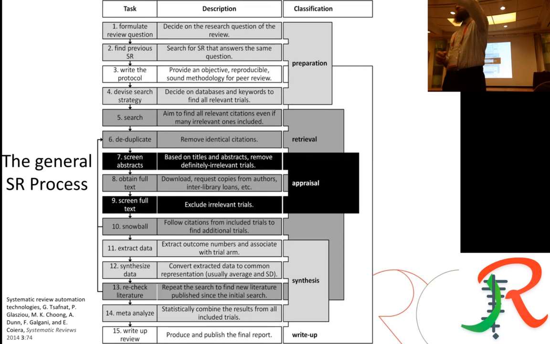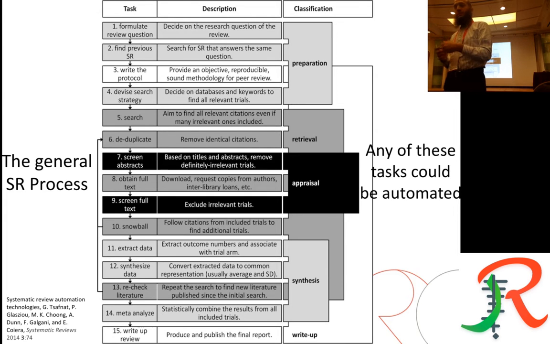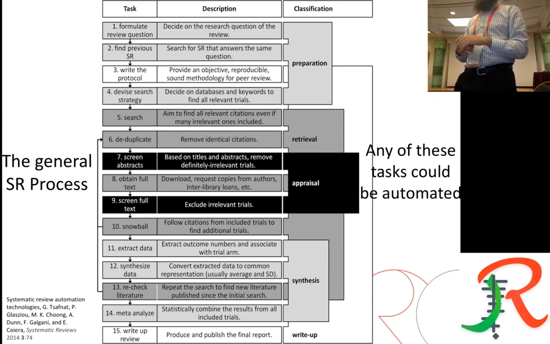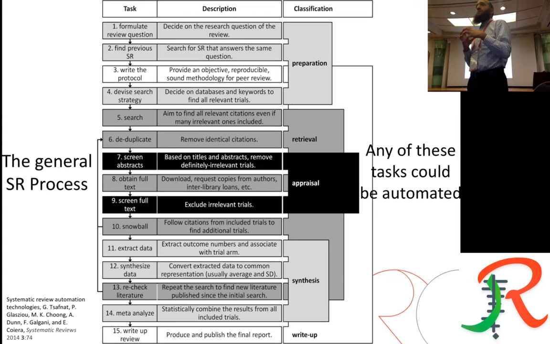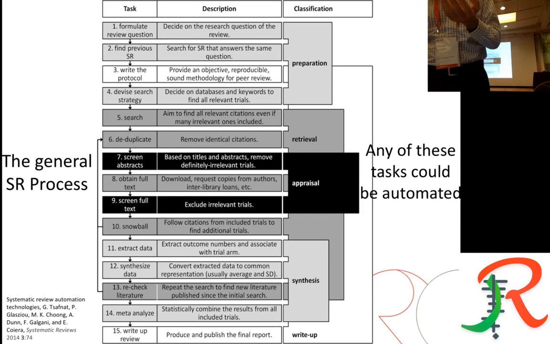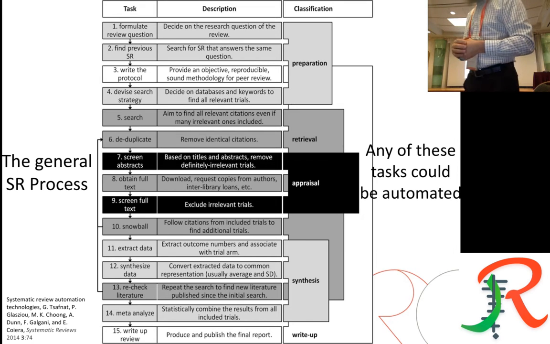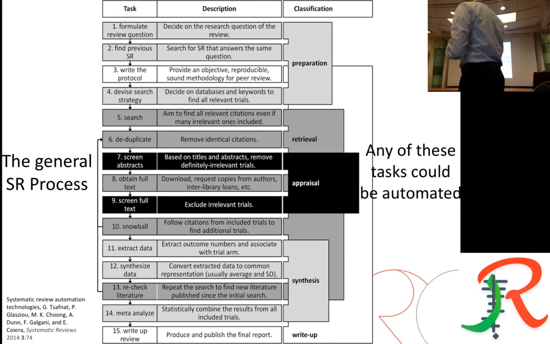They defined multiple steps, and they did a very nice job going through each step in the systematic review and seeing what we can do in terms of automation, because here we are trying to use technology to help in the process of creating systematic reviews. What they said is that any of these tasks could be automated. There is room at any part of the process to do some automation and help make things faster and better.